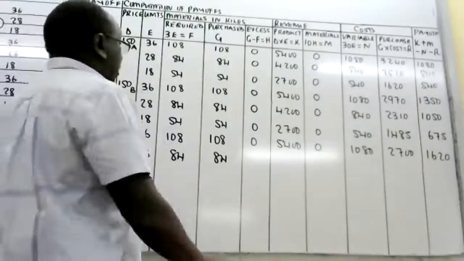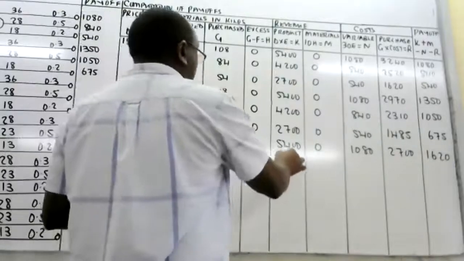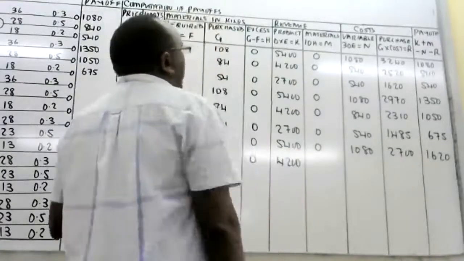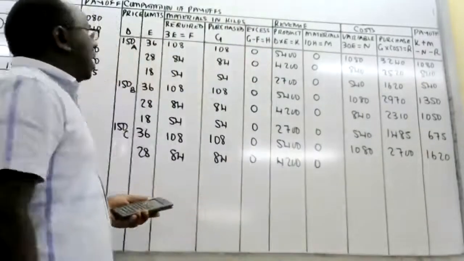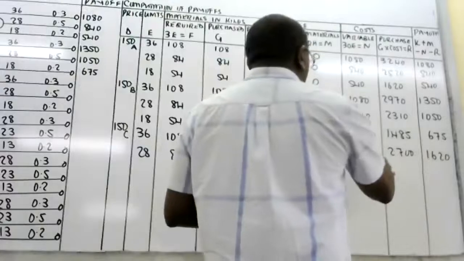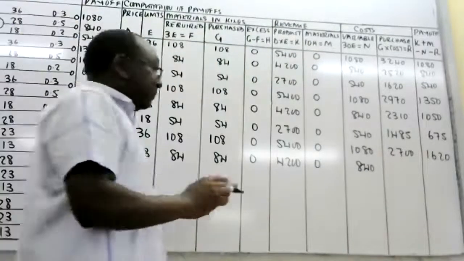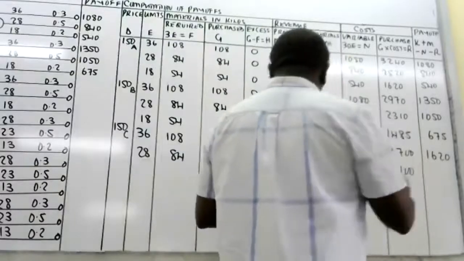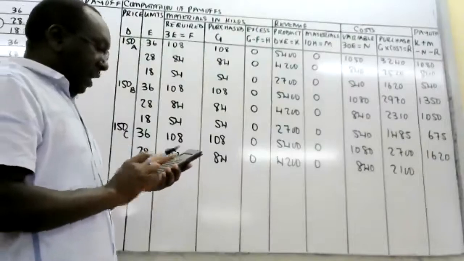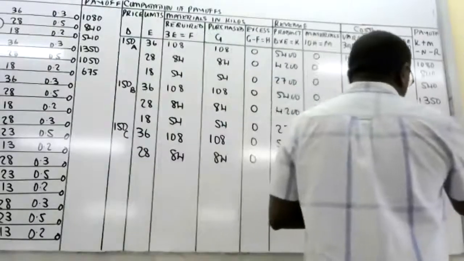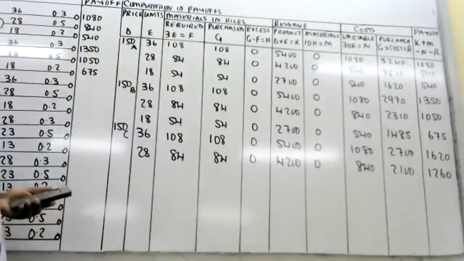Then there is no excess here. And the revenue is 4,200. Materials are 0 here. The variable is 840. But now the purchase is 84 times 25. That is 2,100. So now take 4,200 minus 840 minus the answer, you get 1,260.